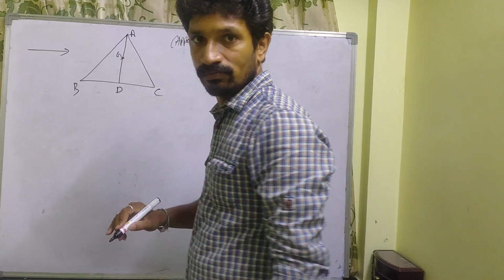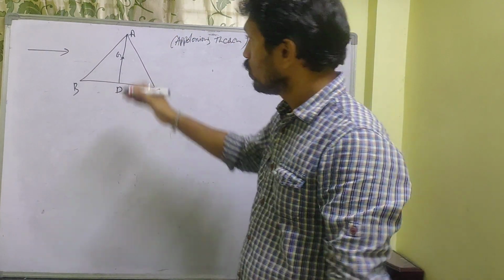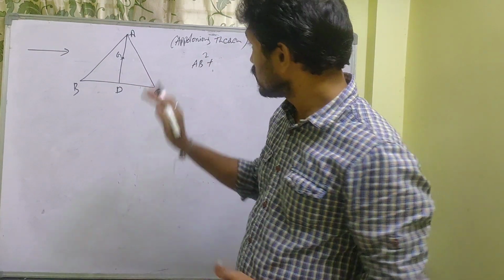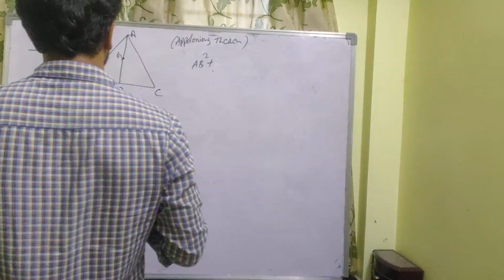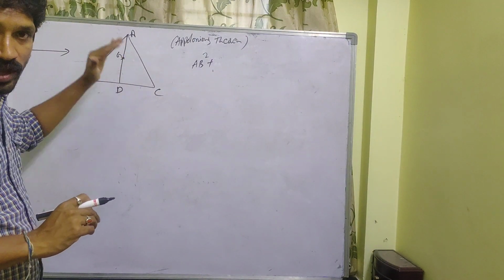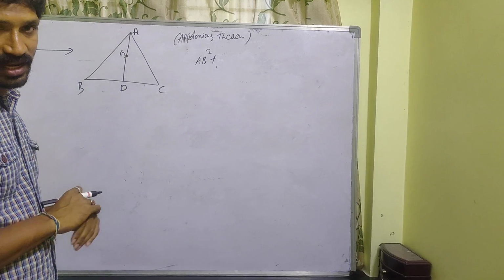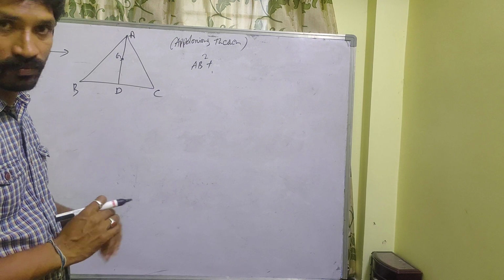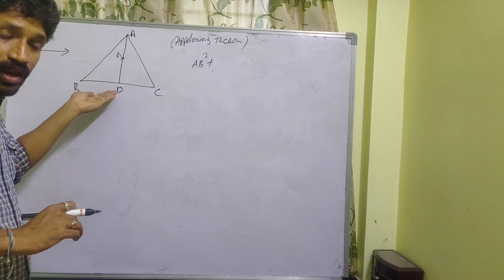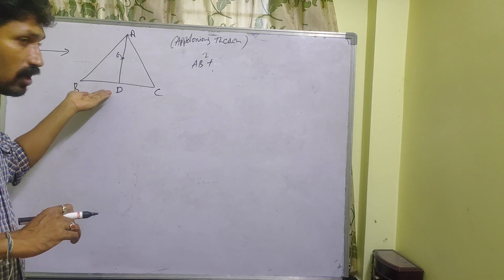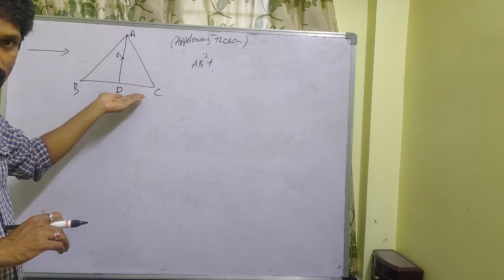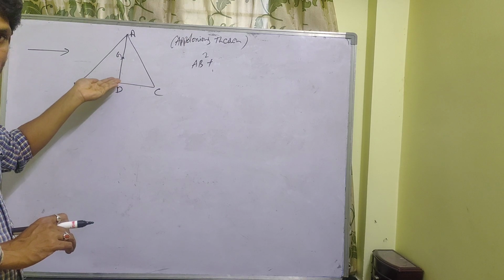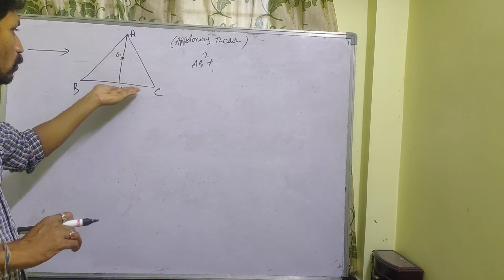What it says, once again I remind you, that is AB square. What is the Apollonius theorem statement? Sum of the squares of any two sides of any triangle is equal to 2 times the square of half of the third side plus 2 times the square of the median through the third side.